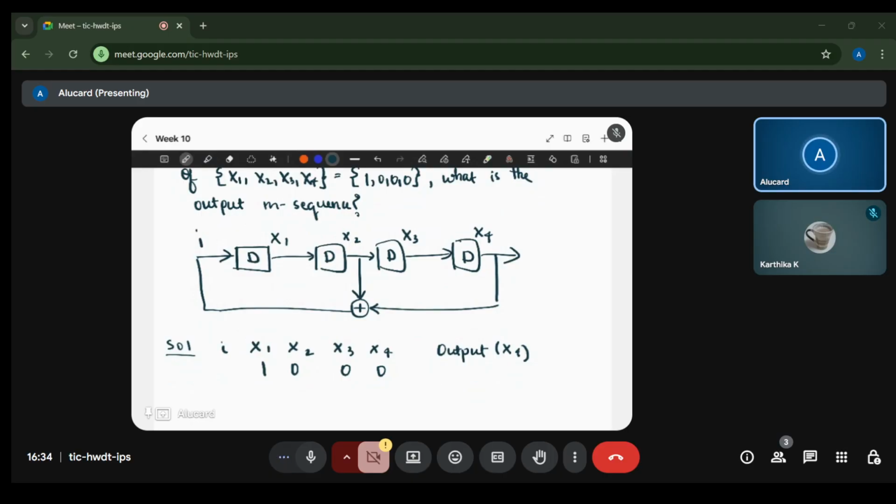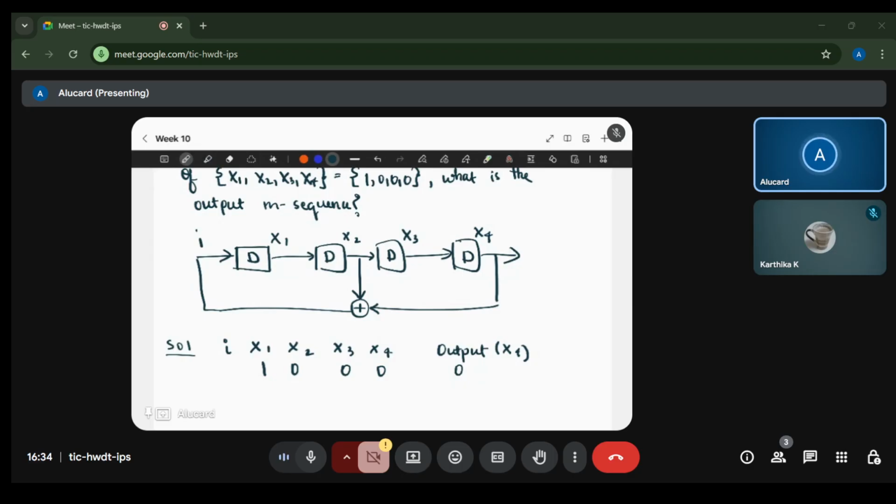They work based on clock pulses. So initially, since x4 is 0, the first output will be 0. And at that time, the input for this circuit is x2 plus x4.